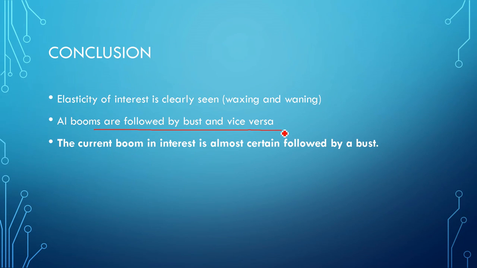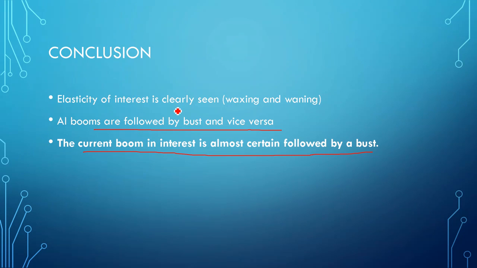So given that there is going to be an AI boom, we can almost certainly say, learning from history, that the current boom in interest is almost certain to be followed by a bust, right?